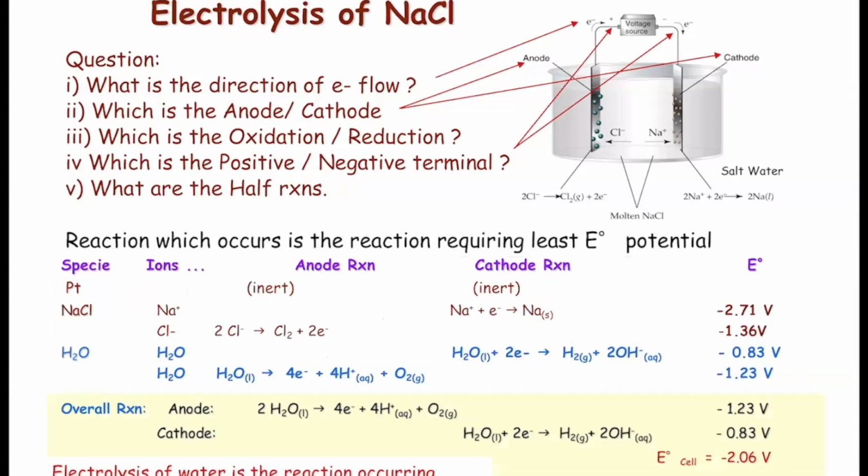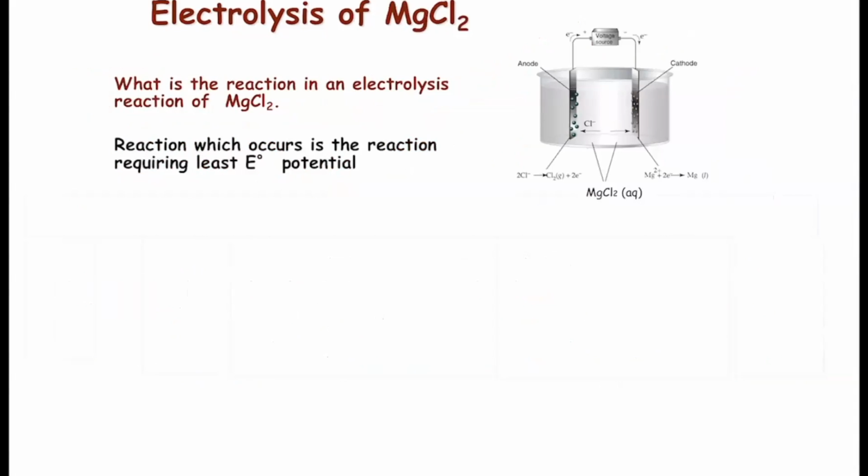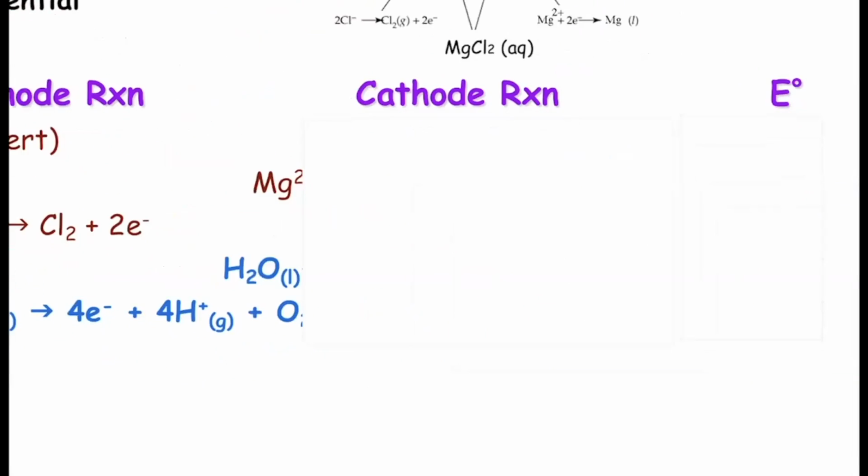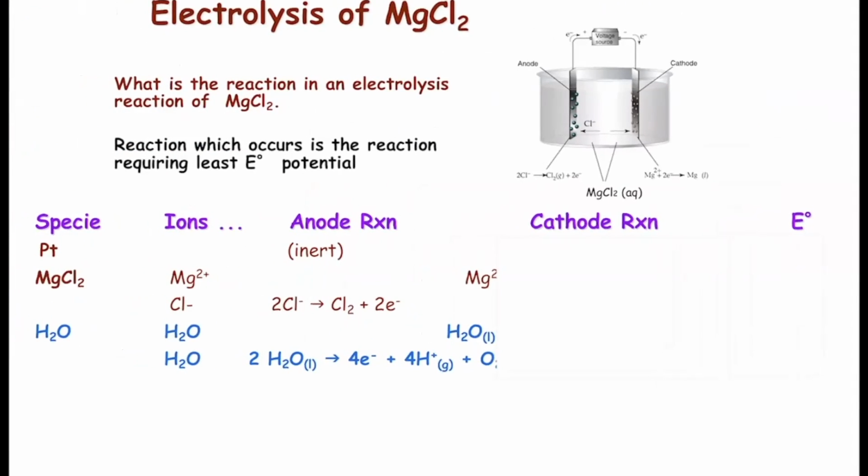Okay, let's take a look at this one right here, magnesium chloride. I'm not going to talk to you much about this because I want to get to the last point in this discussion. If you've got magnesium chloride instead of sodium chloride, again, look at the chemical species that are involved. Look at the reactions that are undergoing oxidation and which are undergoing reduction. Magnesium plus 2 is only going to do reduction.